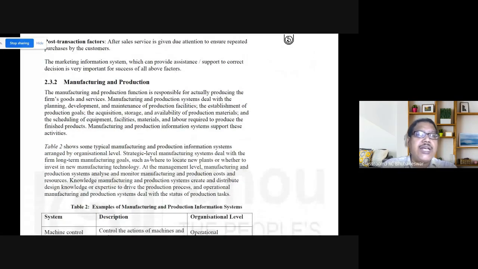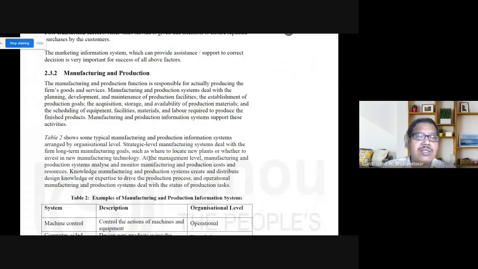Then coming to the next, the manufacturing system. Manufacturing systems normally look into how the production function is responsible, and how this production function is actually working for the firms or the particular goods or services you need.